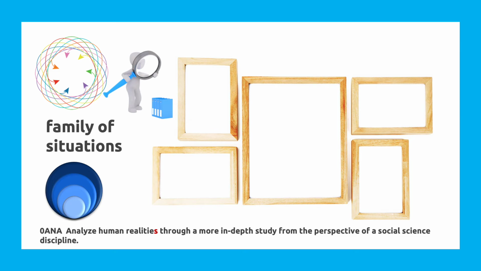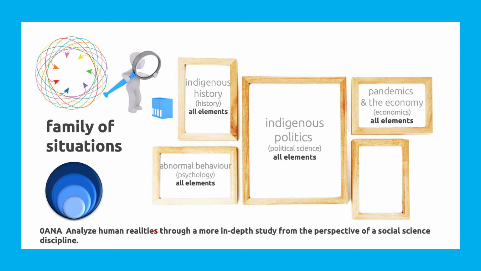Students must choose 3 from a set of 40 courses to achieve this competency. For example, students can choose an Indigenous history course to analyze the realities of Indigenous people from a historical perspective, or from a political lens. Similarly, other human realities can be analyzed from their respective disciplinary lens.